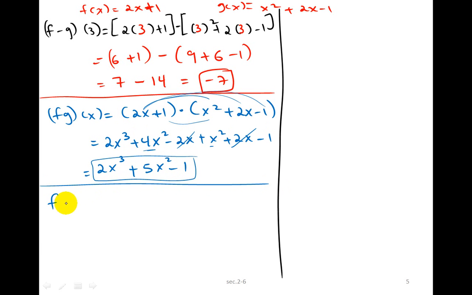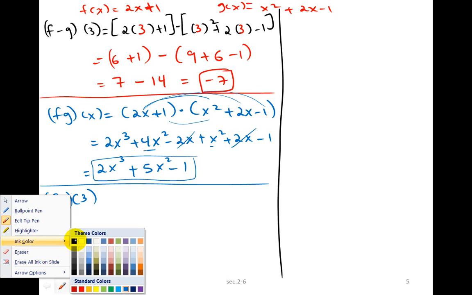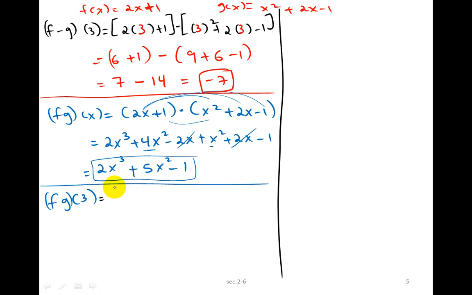Now what if you have f of g of, not x, I'm sorry, of 3. That means I'm replacing the x by 3. I'm going to do the same steps.